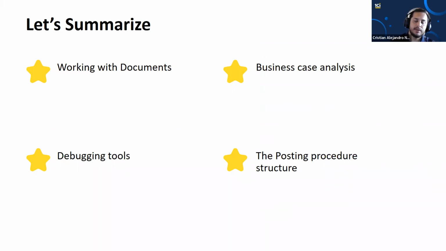We also have seen how to do a business case analysis. This means following the steps of any transaction or any procedure that we're doing in the OneC Drive application, and as well watching the result of these steps.